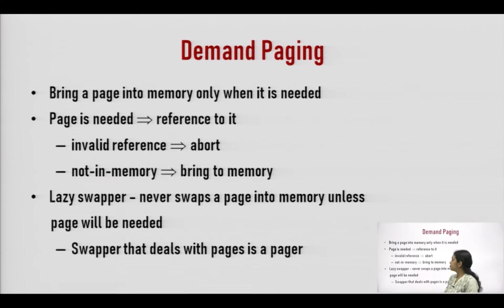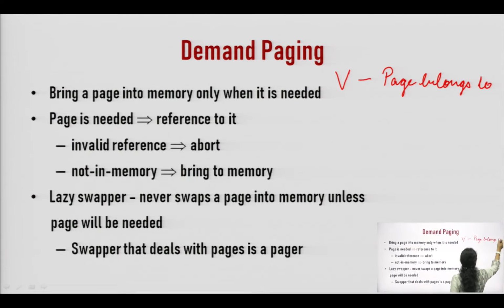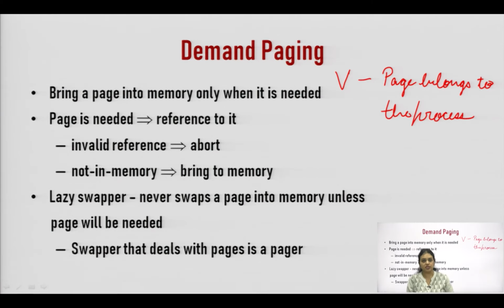Now when a page is needed, it is referred, and first of all it is checked for a valid or invalid reference. What do we mean by valid and invalid reference? Valid means the page belongs to that particular process, that means the page is valid.